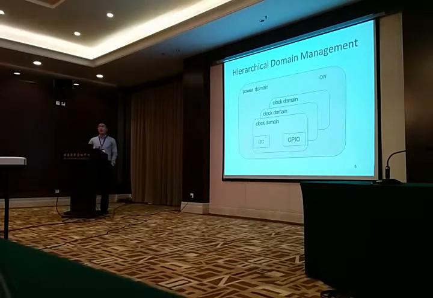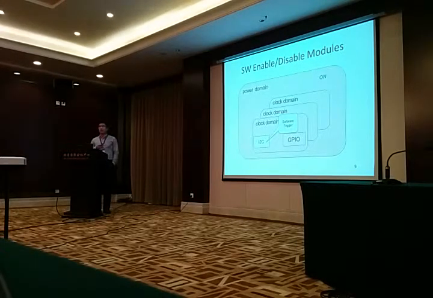And you may have already noticed the domains are hierarchical. Yes, the power domain encloses several clock domains, and the clock domain encloses several modules. And on some SoCs, there can be even more layers of domains. The important thing is they are also managed hierarchically. So this means the transition to low power state always starts from individual modules.